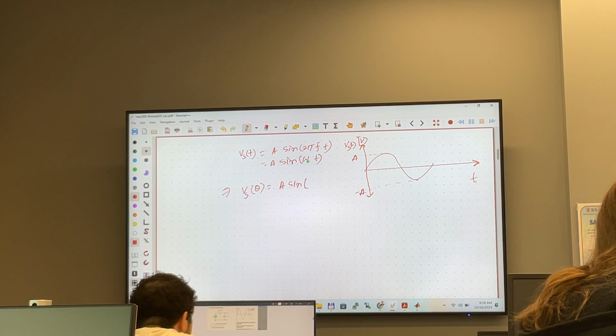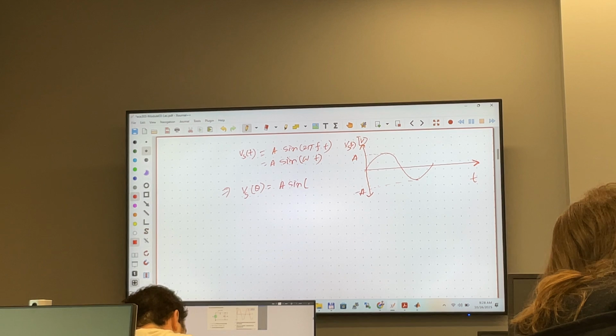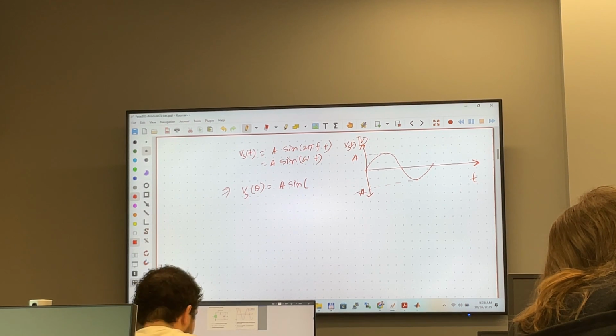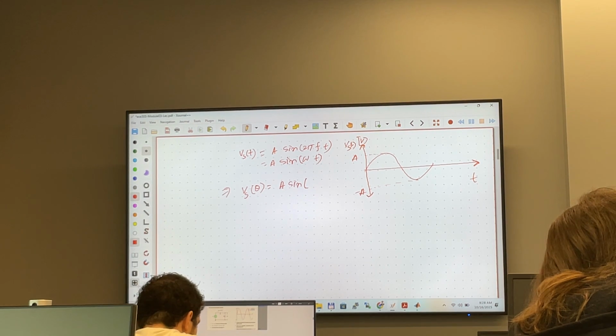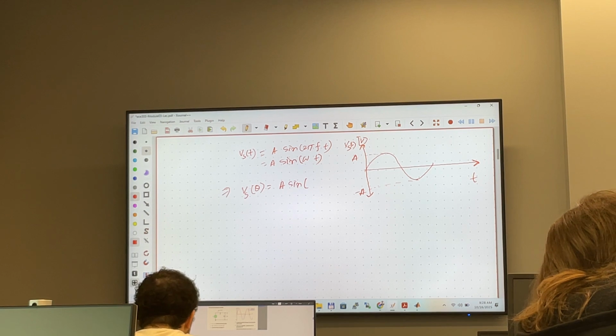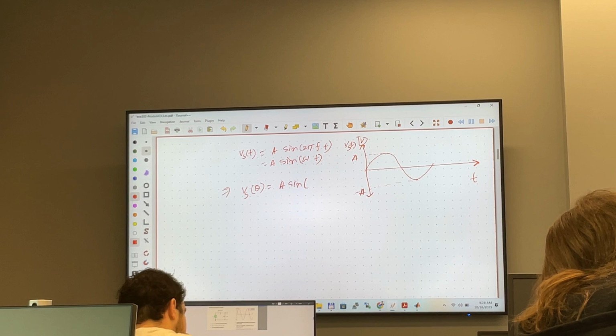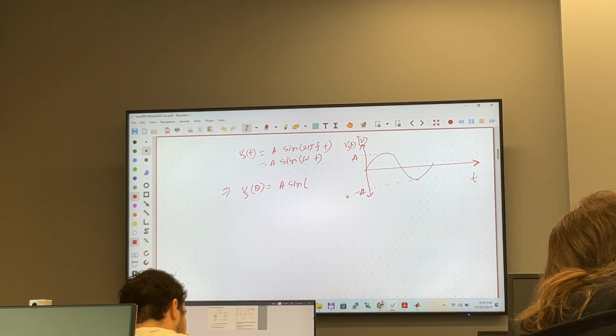What is omega? Omega is angular frequency, 2 pi f, in radians per second. Angular frequency, or angular rate, or angular velocity, in radians per second.